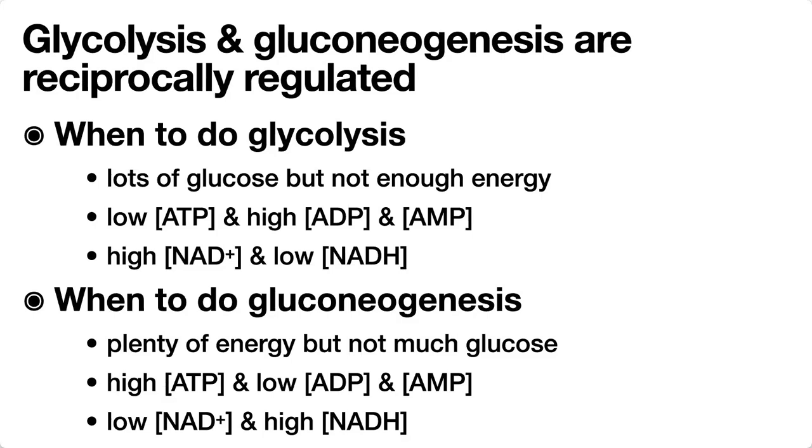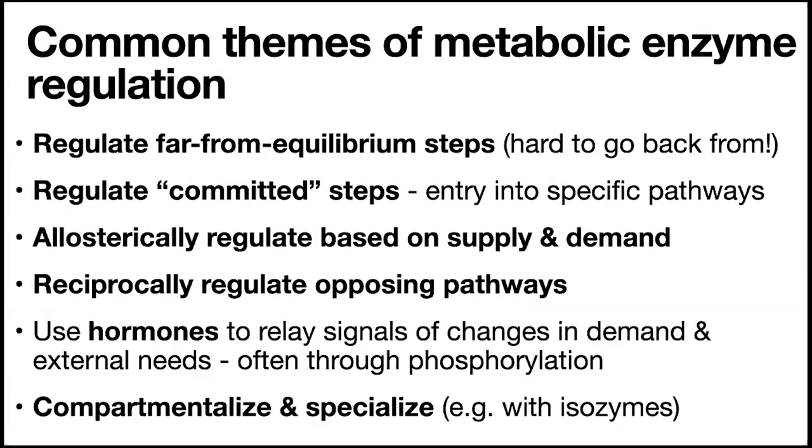This is an example of compartmentalization. I mentioned the liver because that's where gluconeogenesis is actually going to take place. And one of the ways that we can regulate metabolic pathways is by compartmentalization and specialization. We can specialize so that only certain cells or certain tissue types are able to carry out various processes, because only they will have the enzymes responsible to carry out some of the reactions required.